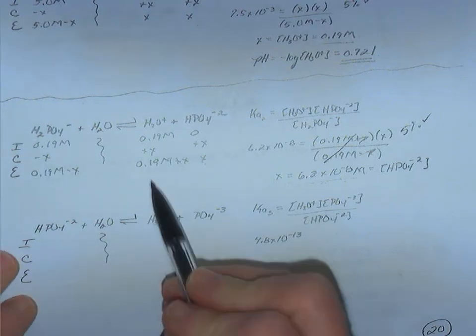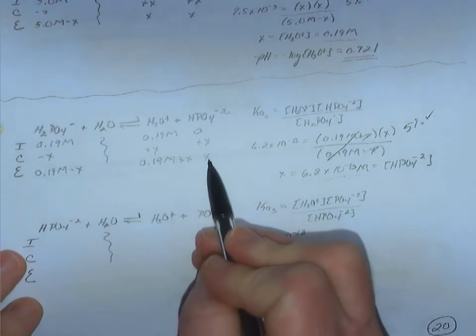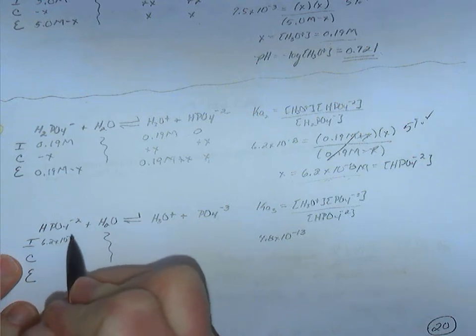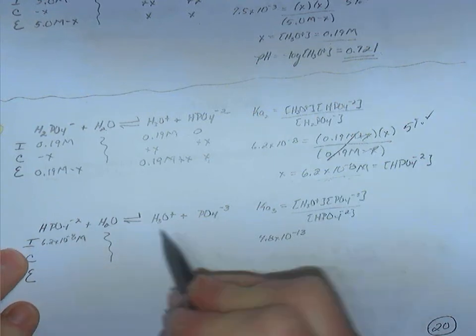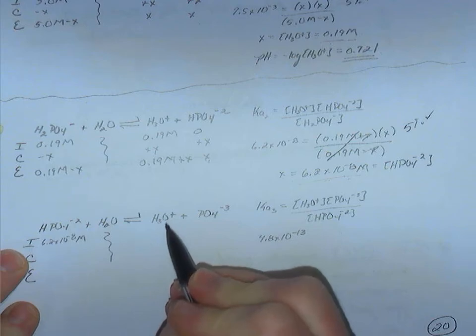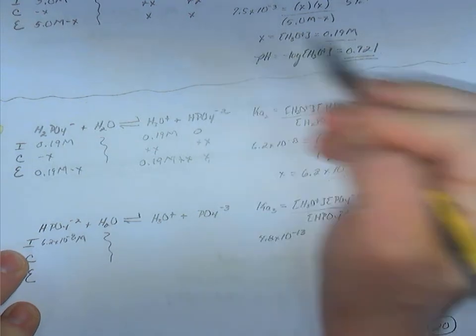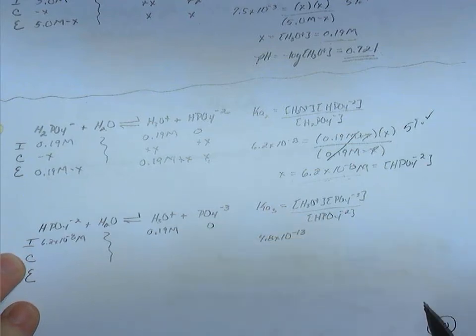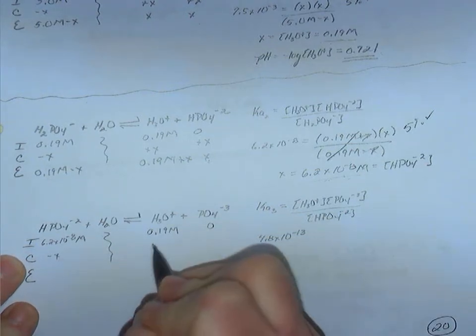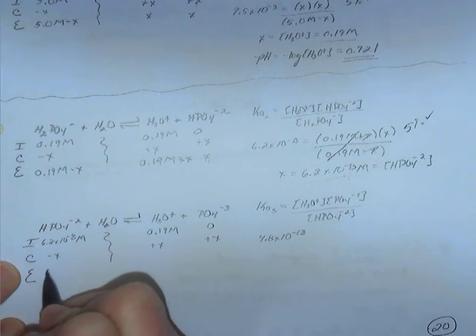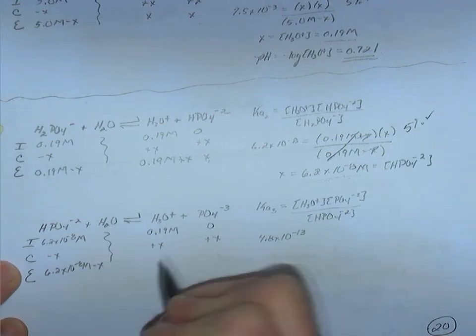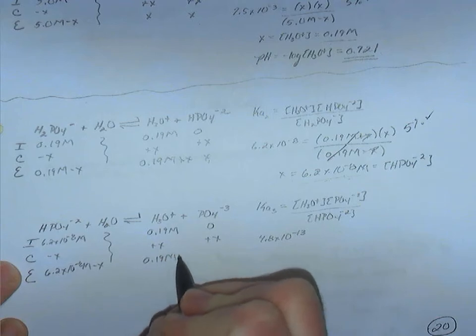The creation of this would give us 6.2 times 10 to the minus 8th molar. However, this concentration continues to be what our original gave us, 0.19 molar. And then we haven't formed this yet. So minus x, plus x, plus x. 0.19 molar plus x, and then x.